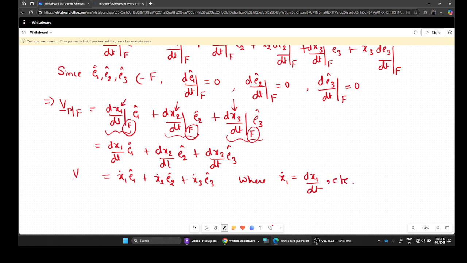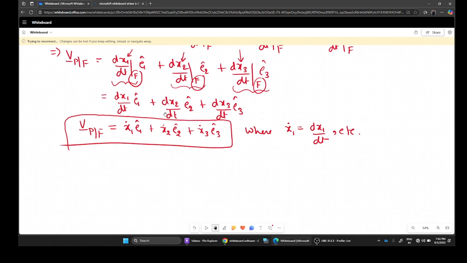So this is the expression of VPF when I am using a frame fixed Cartesian coordinate system as my working coordinate system. And by the phrase working coordinate system, I mean I am going to express all my vectors of interest using that coordinate system, right?